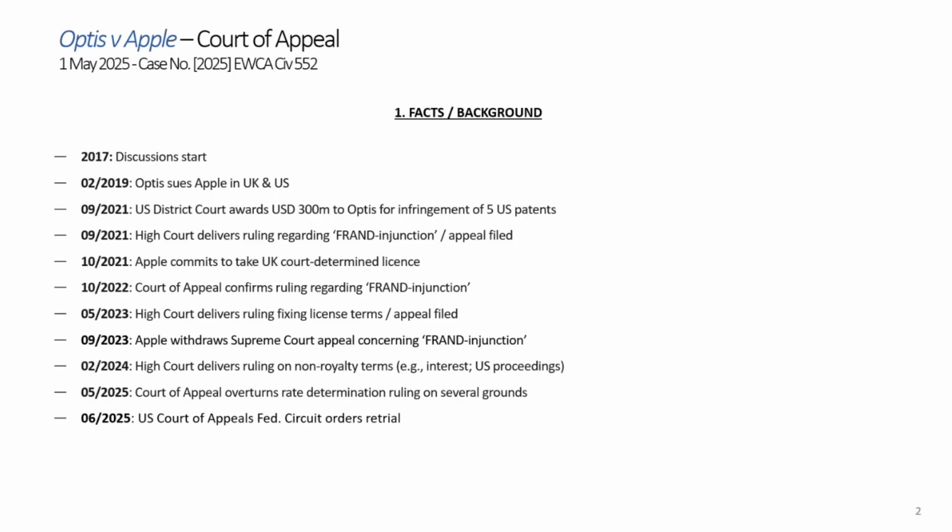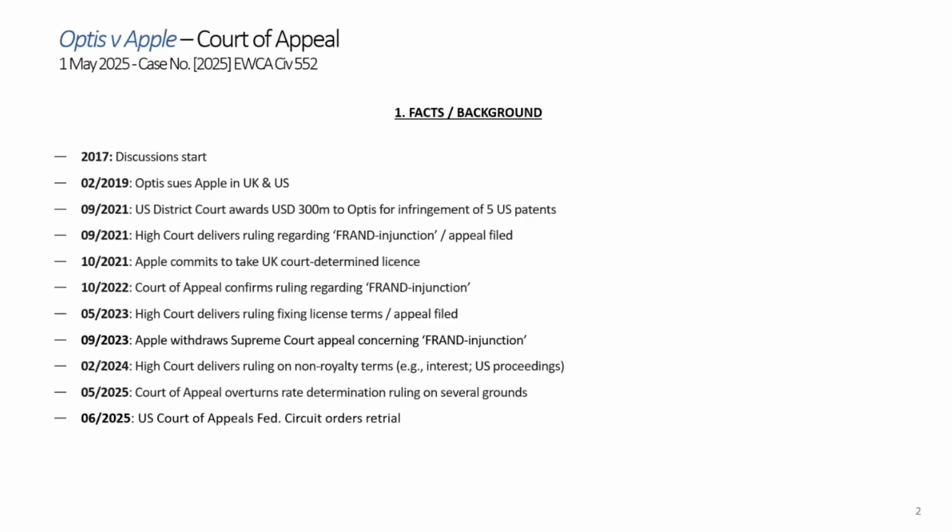In the US, the proceedings focused on 5 US patents, and damages was the main topic there. In the UK, the proceedings included also a claim for injunctive relief and also a claim of Optis to have a global FRAND determination. Now the proceedings went on in parallel.